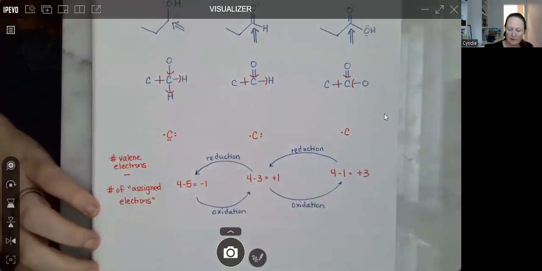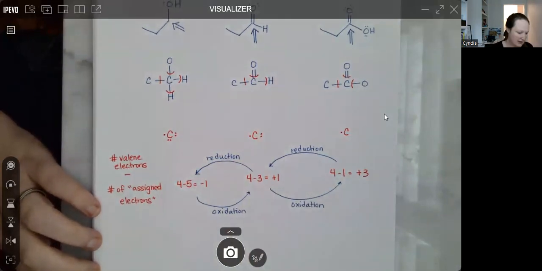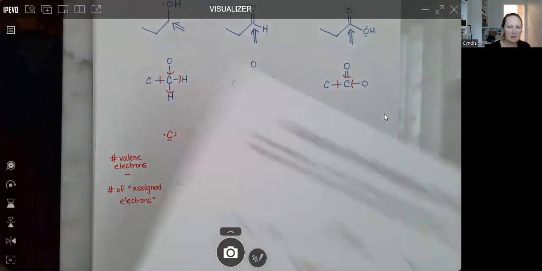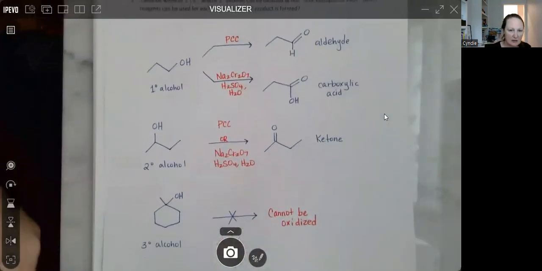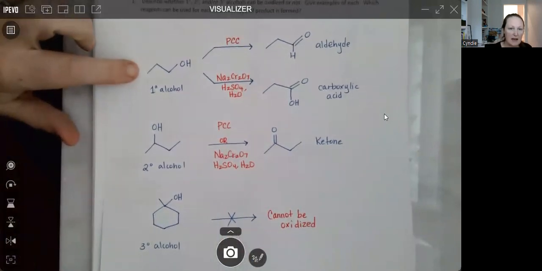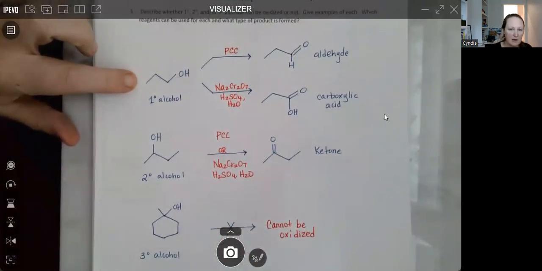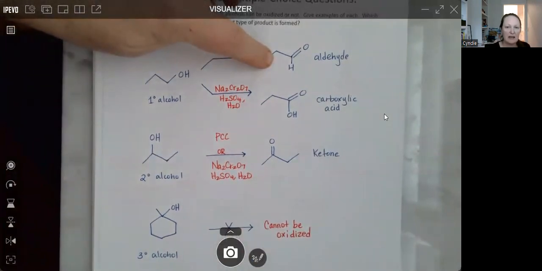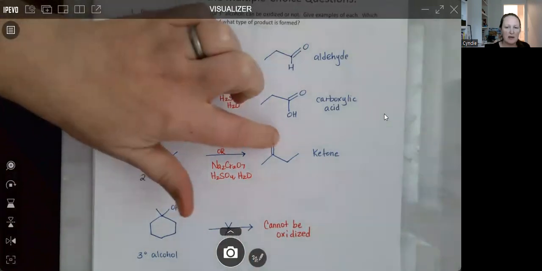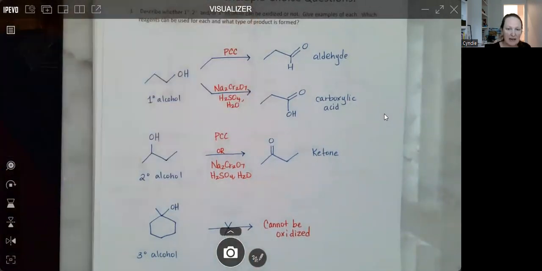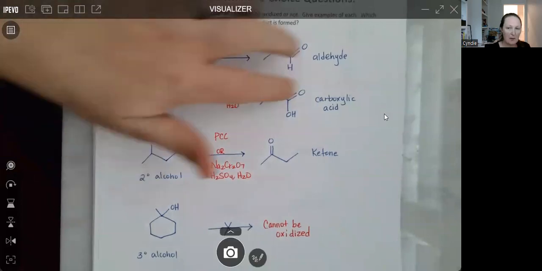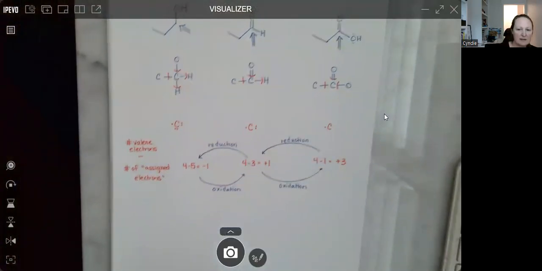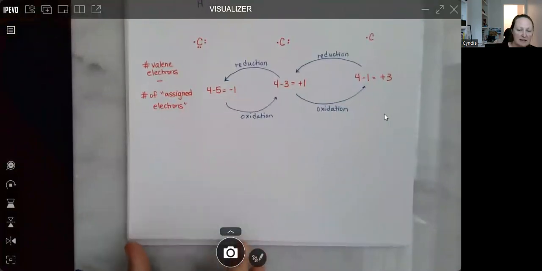Okay, so if we look back to question number 1, we have actually already summarized the oxidation conditions for a primary alcohol. So we know that using PCC will give us the aldehyde, using sodium dichromate will give us the carboxylic acid, right? So you can copy this if you want over here, or we'll just go ahead and focus on the reduction in this case.